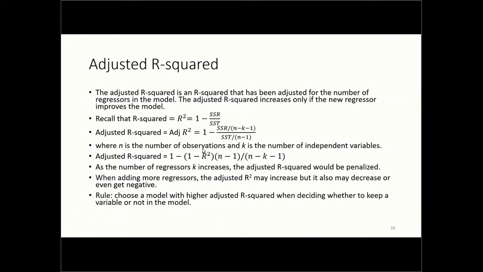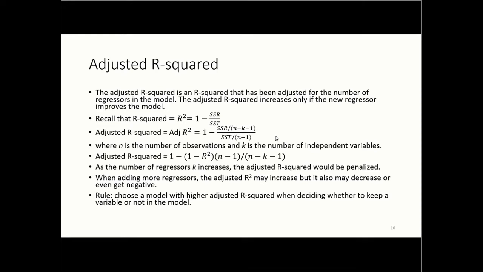Recall from the previous slide that R squared equals 1 minus the sum of squared residuals divided by the total sum of squares. The adjusted R squared formula is still the same up to here, but here we would be dividing by n minus k minus 1, and here we would be dividing by n minus 1. So n is the number of observations and k is the number of independent variables.